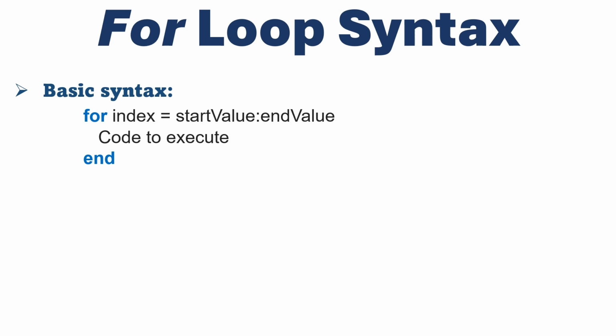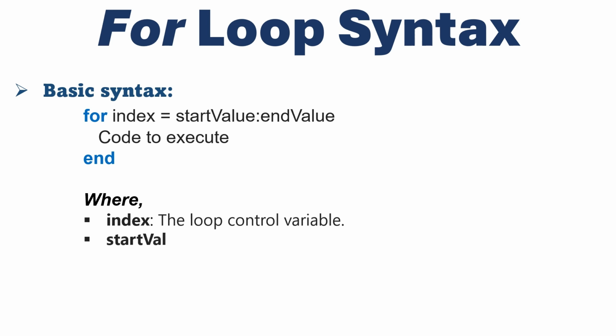And here the index is actually the loop control variable. It can be i, j, k, l, whatever loop control variable you want to set, you can use instead of the index. The start value is the initial value of the index. Let's say if I write for x equals 1, that means my start value is 1.